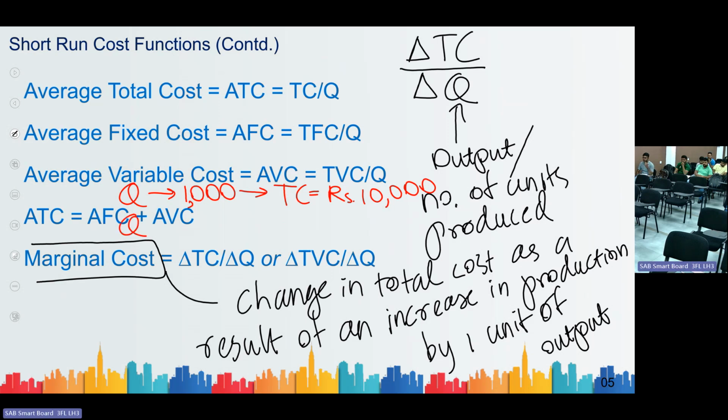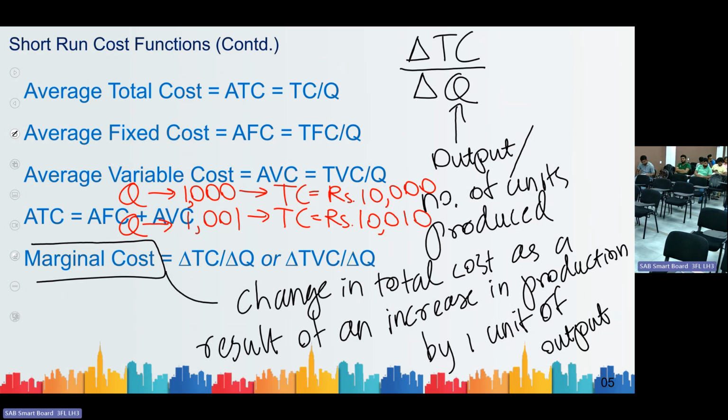To produce 1,001 units of output, that means to increase production by 1 unit, total cost will be 10,010.